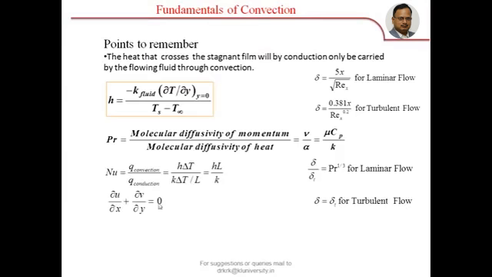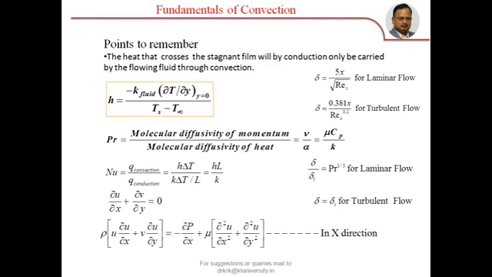The continuity equation we have derived is dou U by dou X plus dou V by dou Y equal to 0. The momentum equation in X direction is rho times U dou U by dou X plus V dou U by dou Y equal to minus dou P by dou X plus mu times dou square U by dou X square plus dou square U by dou Y square.